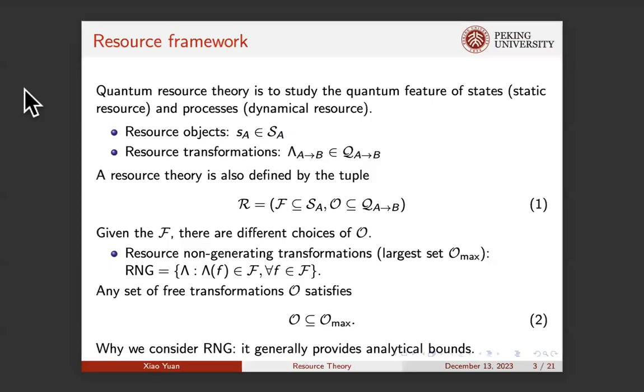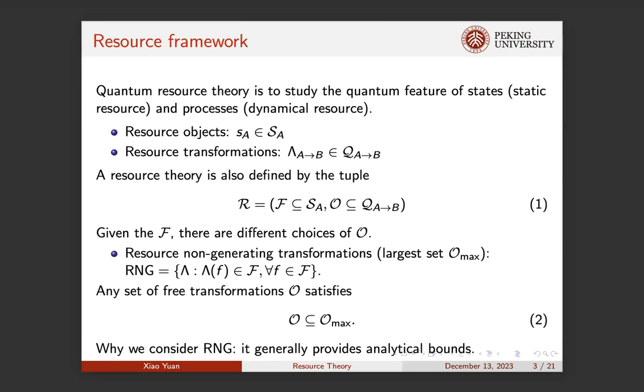Here we focus on some resource objects, and we consider transformations of the resource object. A resource theory is generally defined by the set of free resources and the set of free transformations.